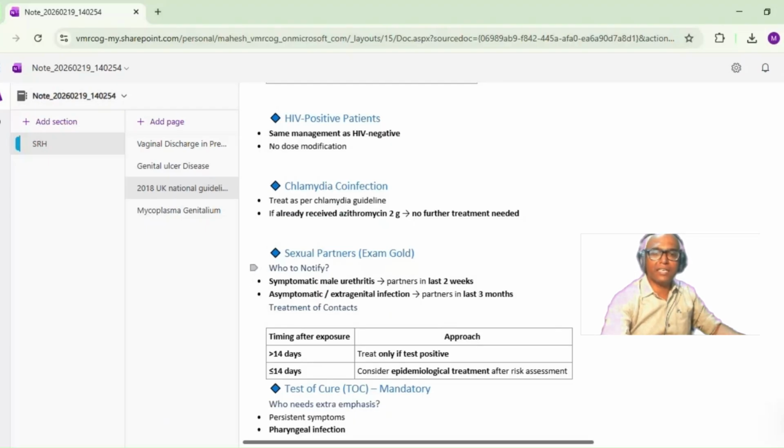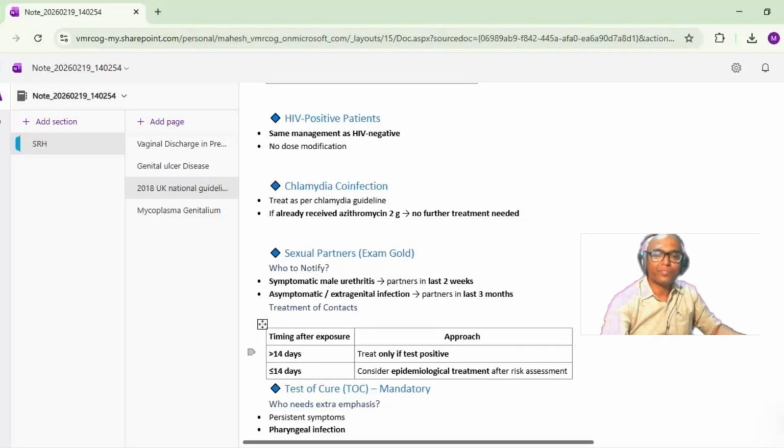If there is symptomatic male urethritis, you have to notify the partners in the last 2 weeks. But if the patient is asymptomatic or if it is an extragenital infection, then all partners in the last 3 months. That is what they have mentioned. If it is male urethritis, then partners in the last 2 weeks. If it is asymptomatic or extragenital infection, then you will have to go back 3 months.